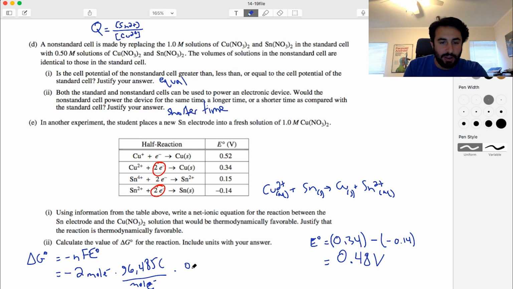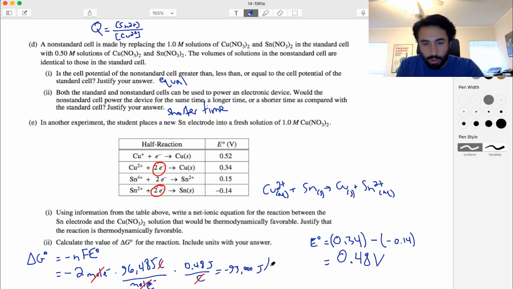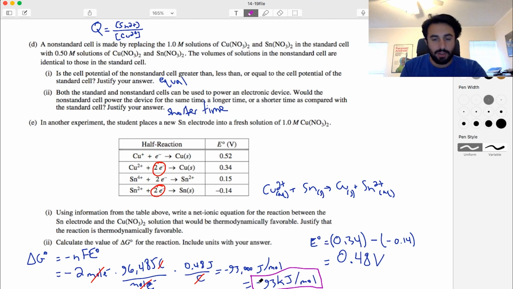And if we recall, volts is really just joules per coulomb, right? So moles of electrons, coulombs, those cancel. We end up with negative 93,000 joules per mole, or we would say negative 93 kilojoules per mole. So that would be our standard delta G there.